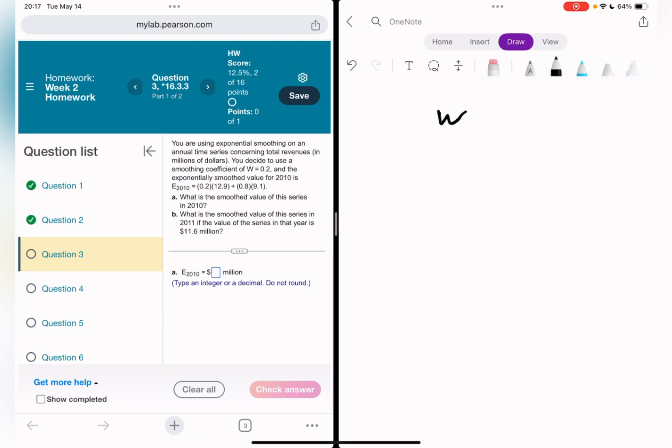W is going to be our weight or smoothing coefficient, which is between 0 and 1, as we said.